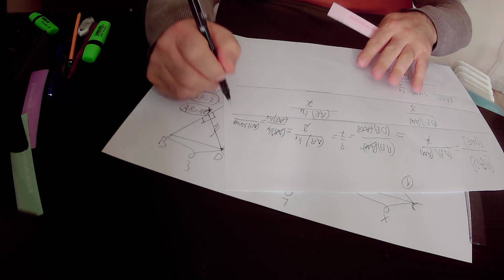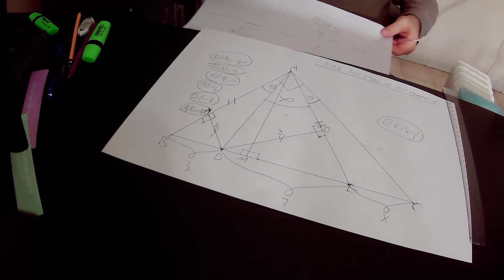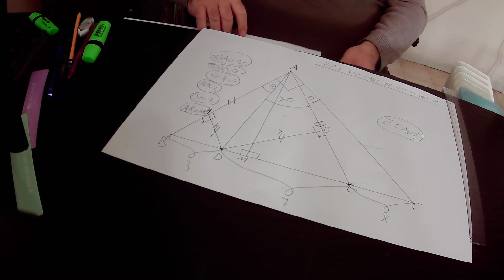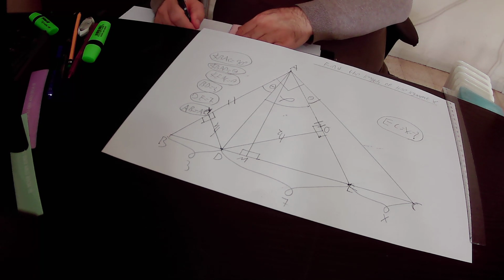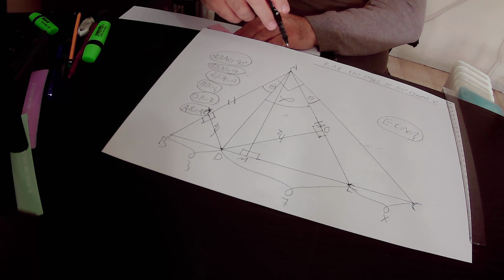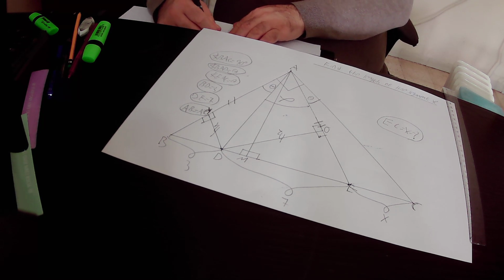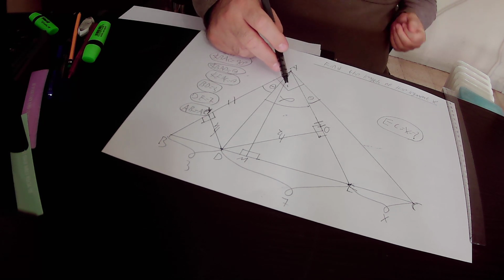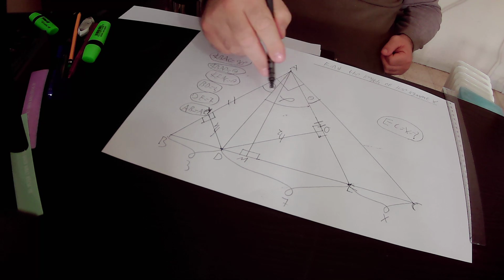Likewise, we will find the value of H2 here. In the right triangle ADO, we know that sine alpha equals H2 over AD.